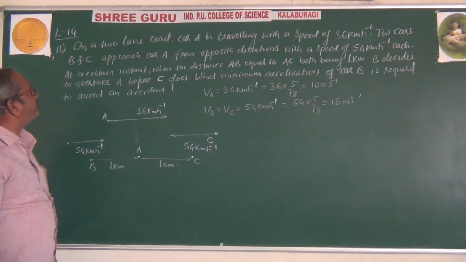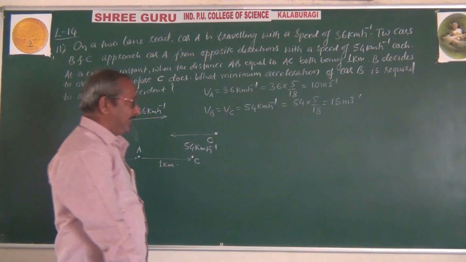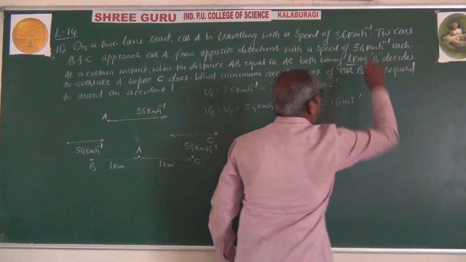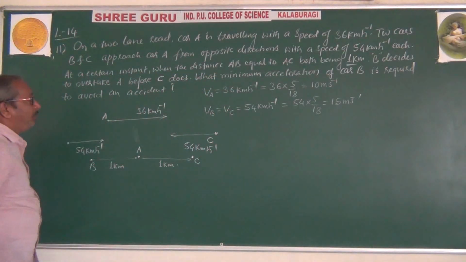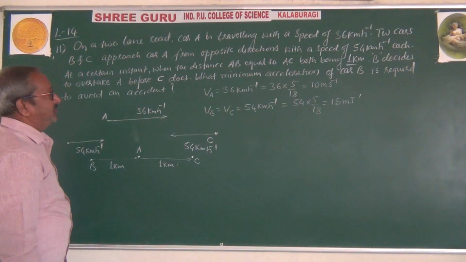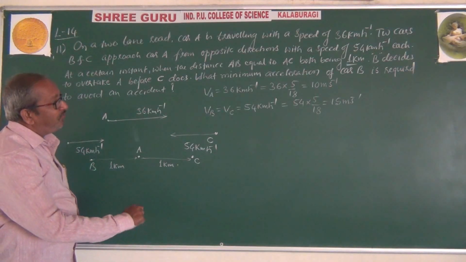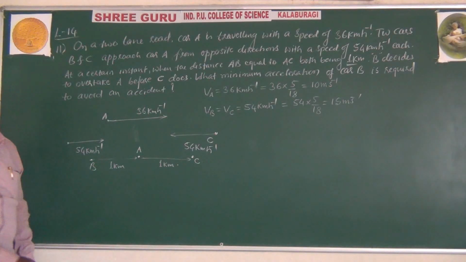So here at a certain instant, when the distance AB is equal to AC, both being 1 kilometer, then B decides to overtake A before C does. What minimum acceleration of car B is required to avoid an accident?